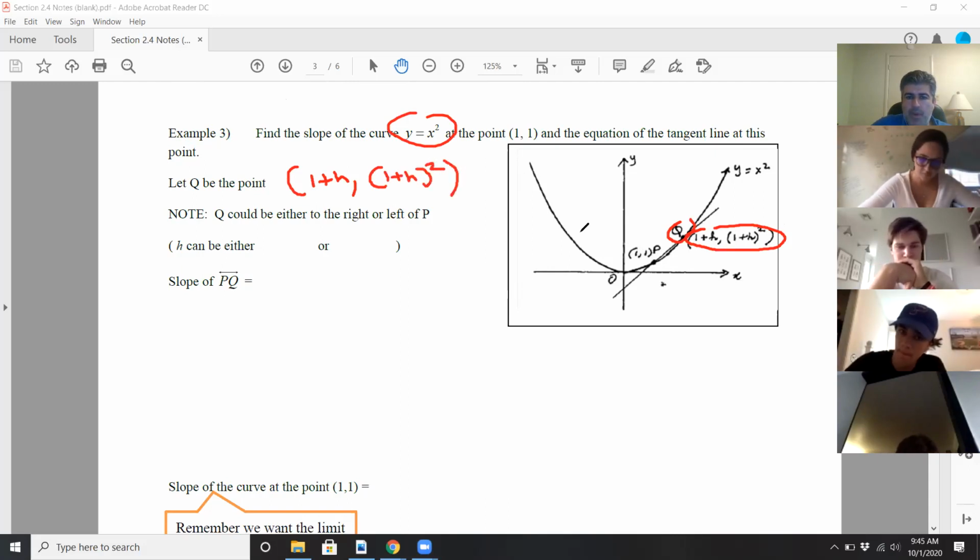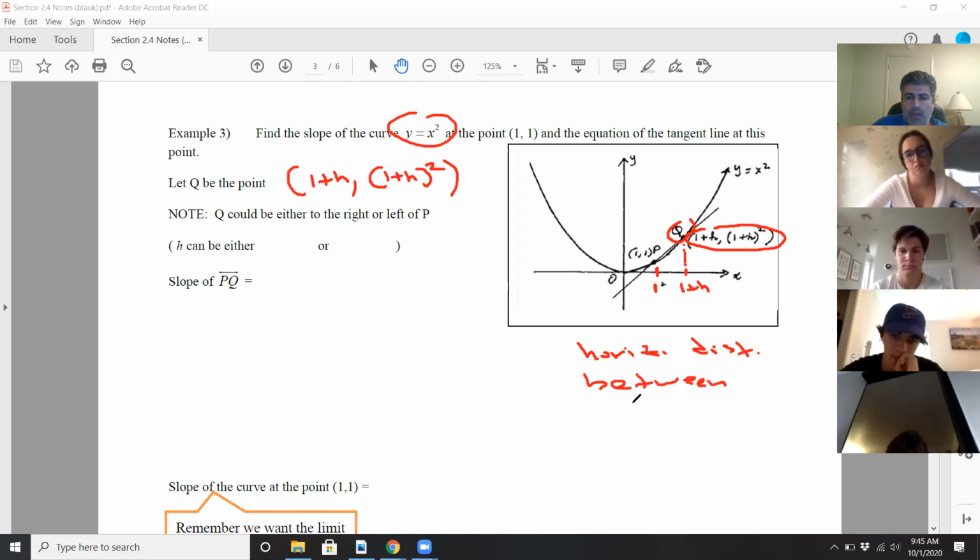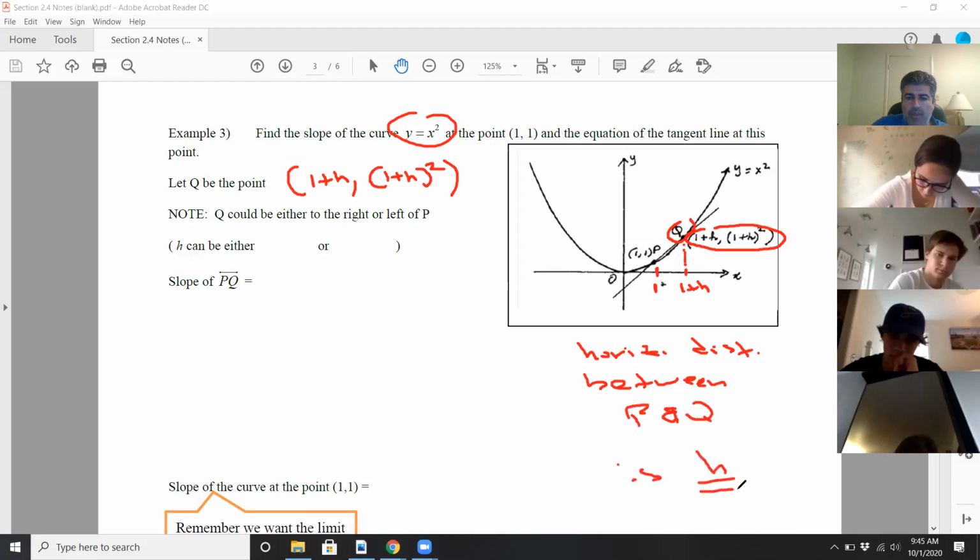And why am I doing it this way? So this is at 1. This is at 1 plus h. The horizontal distance between P and Q is h.